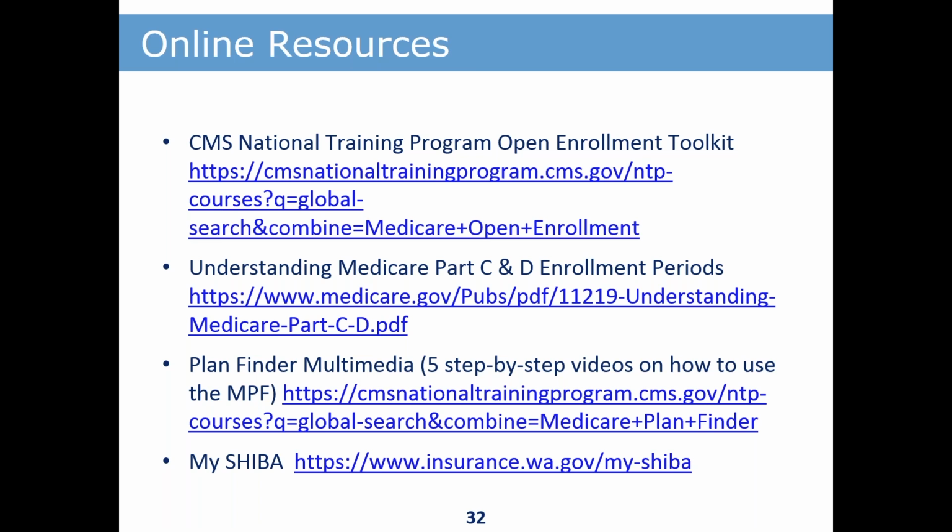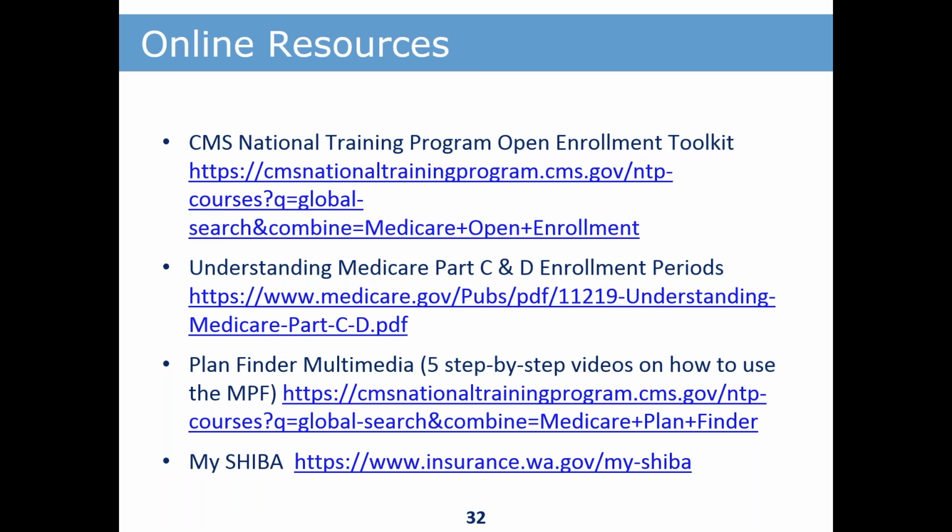And those 5 step-by-step videos I showed you how to get from the Plan Finder, here's a link you can go right to. I think they're posted on YouTube. And of course, the My Sheba page, which we have quite a bit of information posted. So that concludes my slideshow.